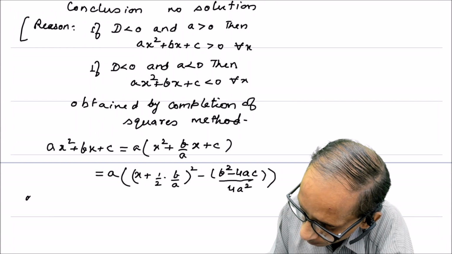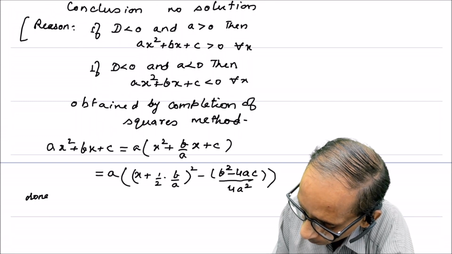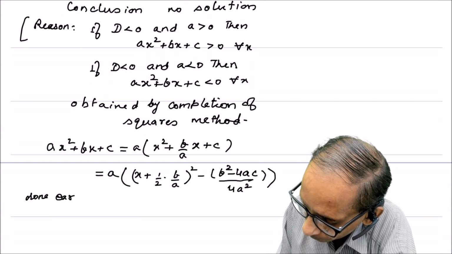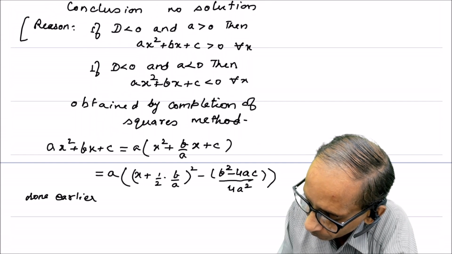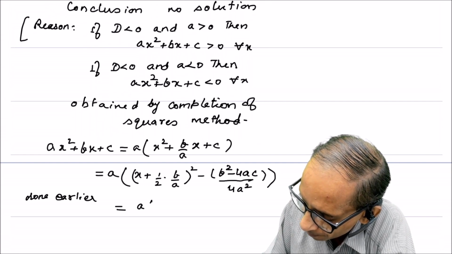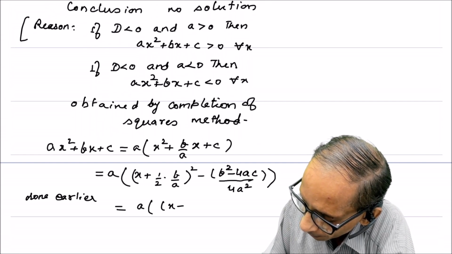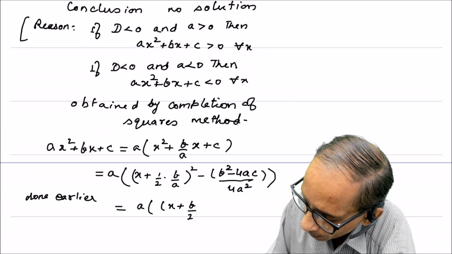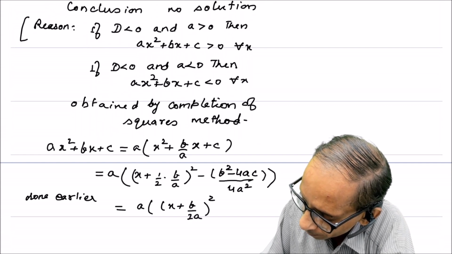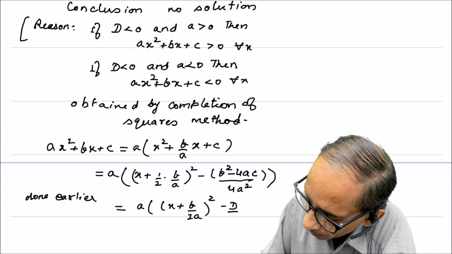This was done earlier. So this is a times x plus b by 2a the whole square minus D by 4a square.